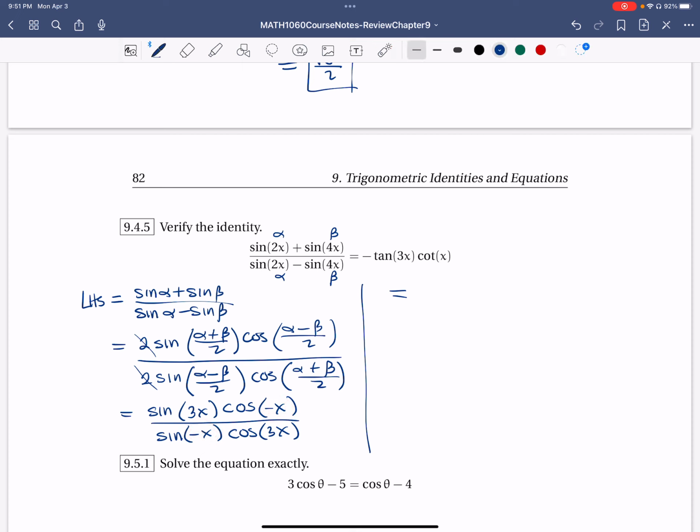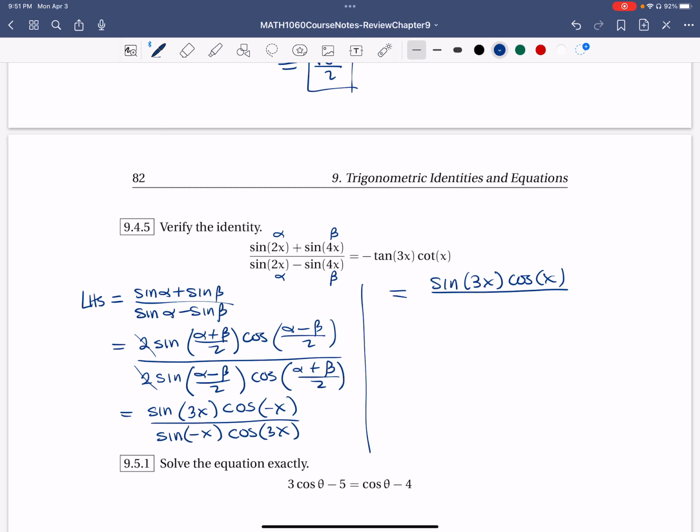So we're going to have, in the numerator, the cosine is an even function, so we can just switch this for cosine of x. So we'll have sine of 3x times the cosine of x. But in the denominator, sine is an odd function, and so when we pull that minus sign out, it's going to come out in front.